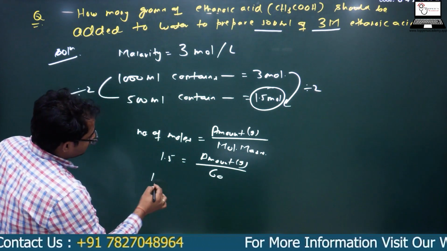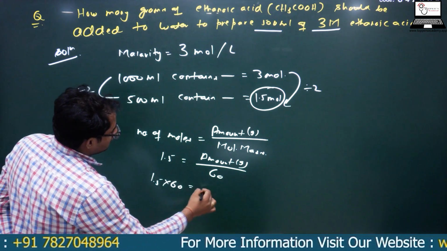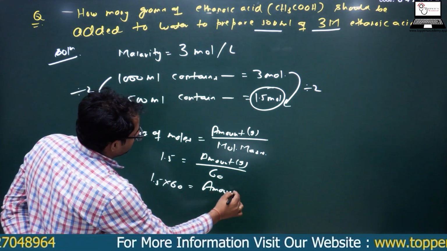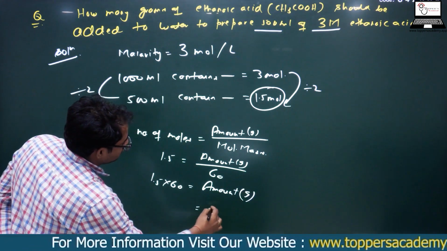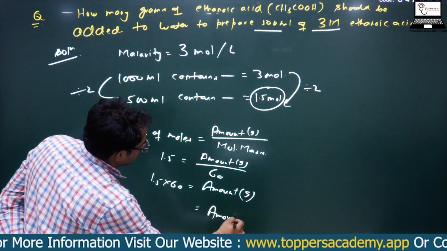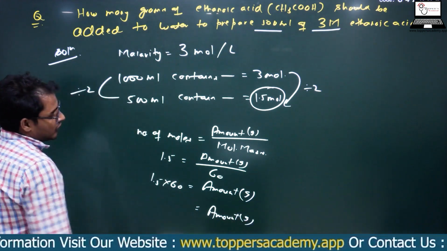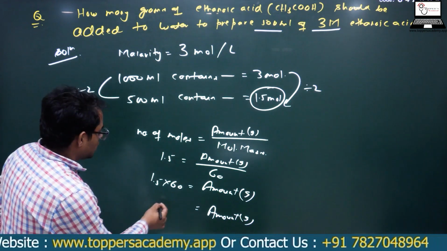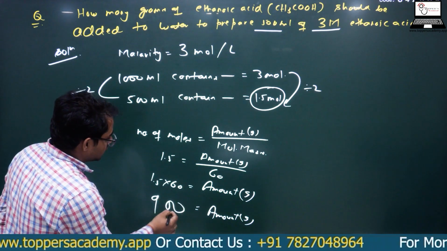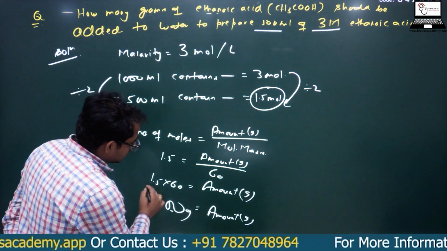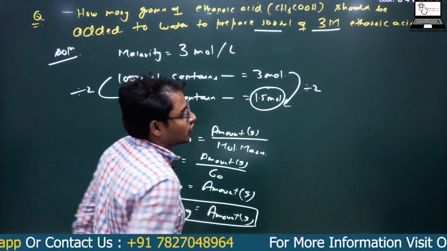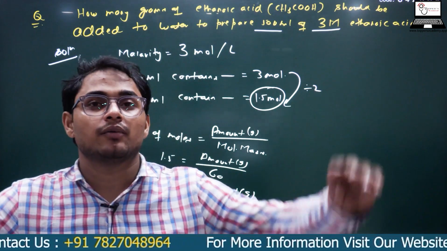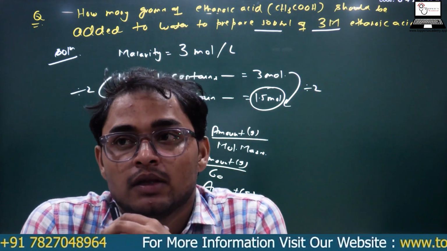So 1.5 into 60 will be equal to amount in terms of gram. So my dear students, 1.5 into 60, 15 sixes are 90, so 90 gram amount of ethanoic acid you will require, right?